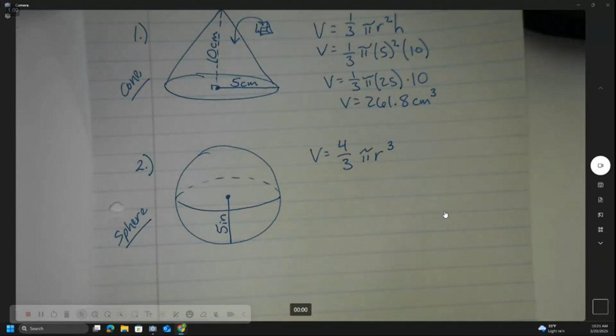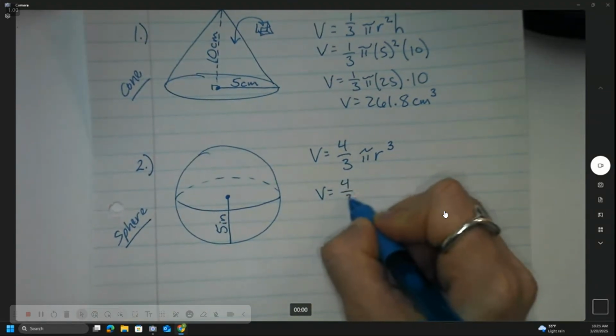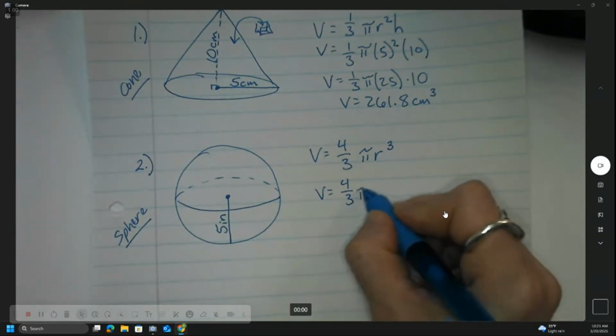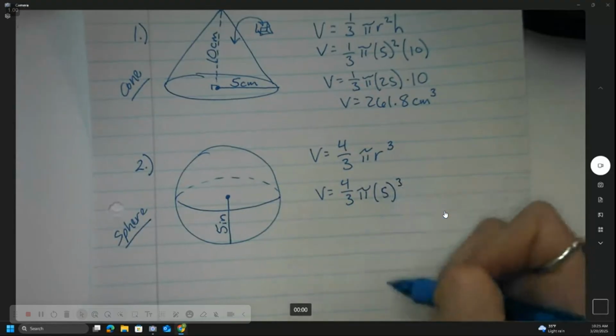If you see this on any type of assessment, they will definitely give you the formula. I just wanted to explain why it works. Now let's use substitution with what's given: 4/3 times pi times the radius, which is 5, cubed.